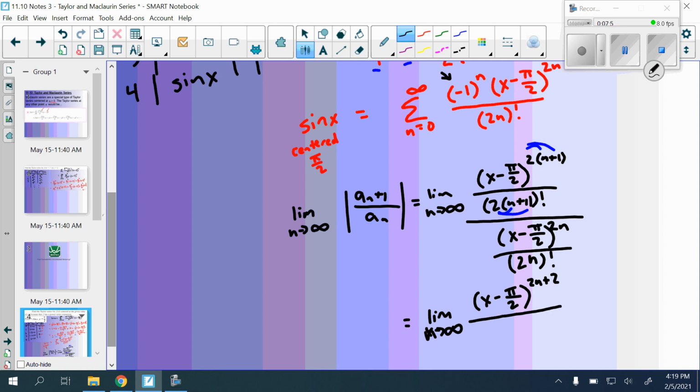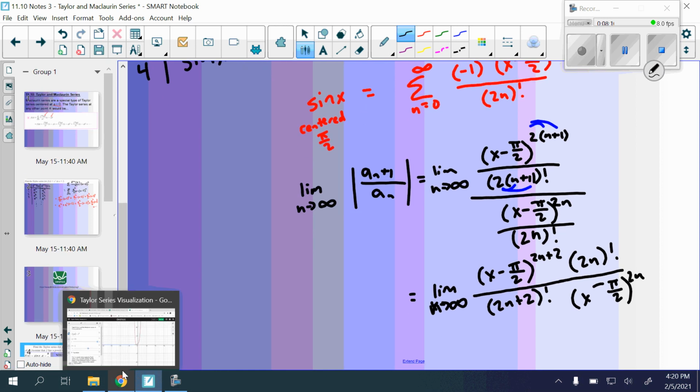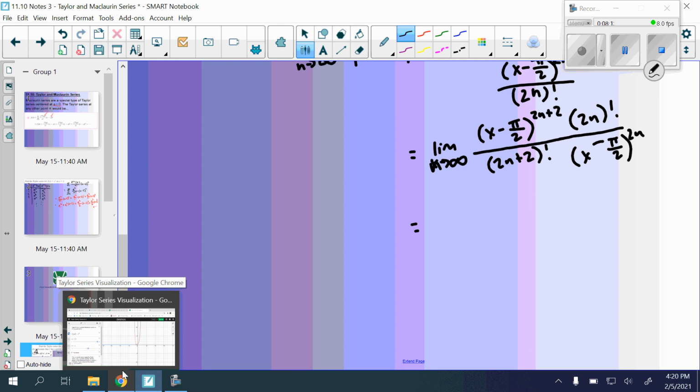On the bottom, we're going to have (2n plus 2) factorial. I'm also going to multiply by the reciprocal here, so we'd end up with a (2n) factorial up here, and on the bottom we'd end up with (x - π/2) to the 2n. All right, so let's use some of our algebra tricks to evaluate this limit now.